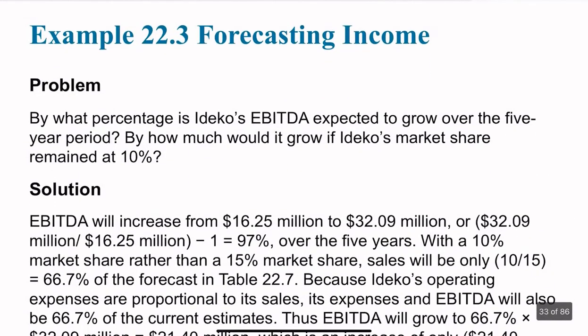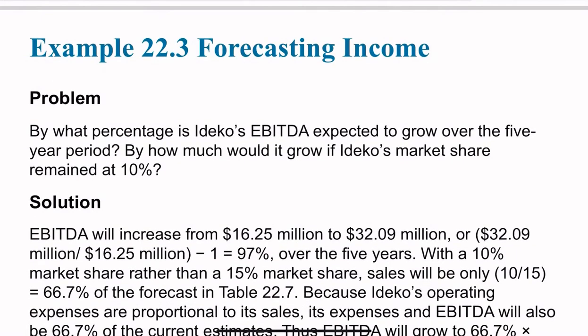Okay, now let's see this example here. By what percentage is IDECO's EBITDA expected to grow over the 5-year period? By how much would it grow if IDECO's market share remained at 10%?